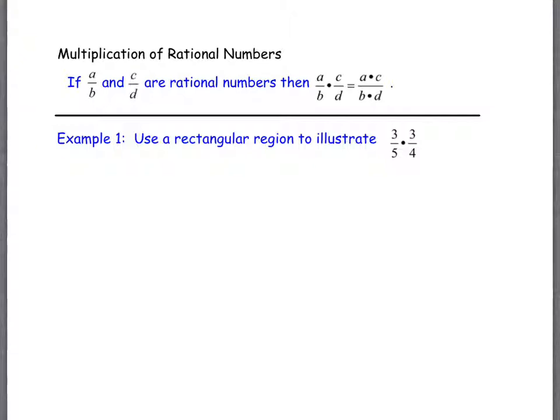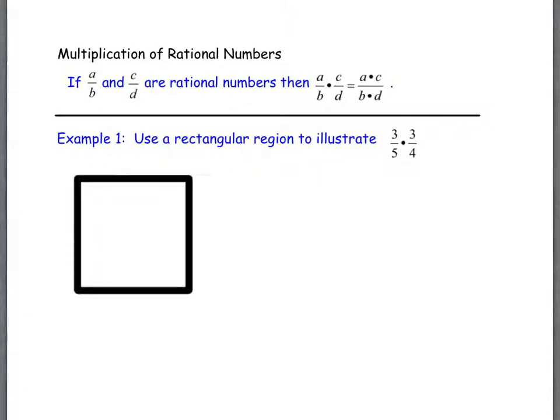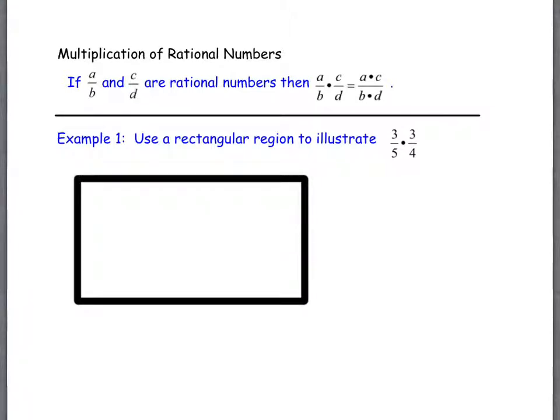All right, so I'm going to draw a rectangle. And in my rectangle, since I've drawn it wide, I'll make it have 5 vertical strips. So I'm going to divide it into 5 long pieces like this. They should look like they're equal.